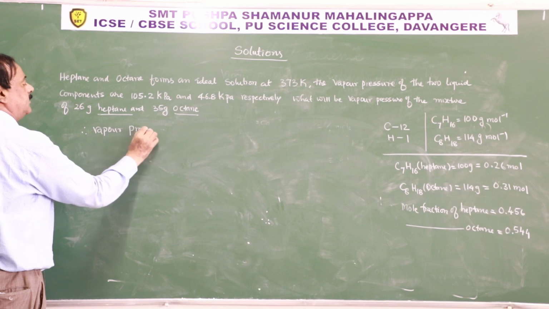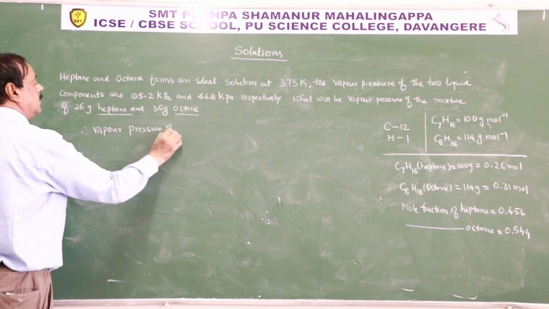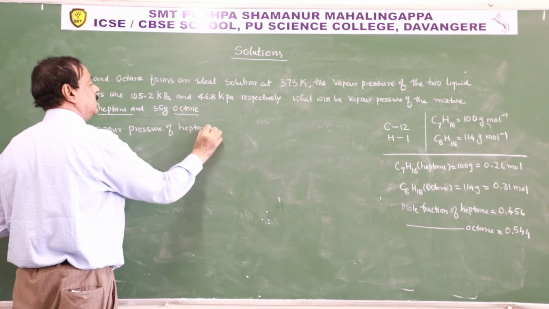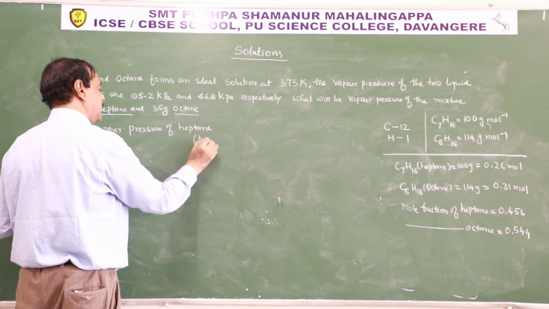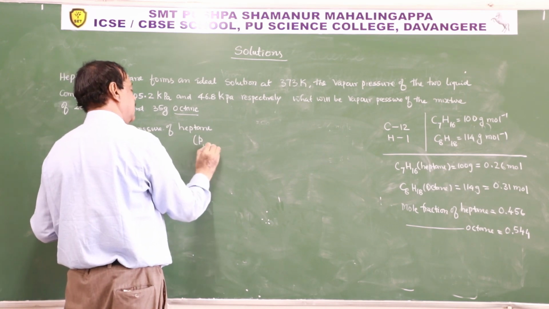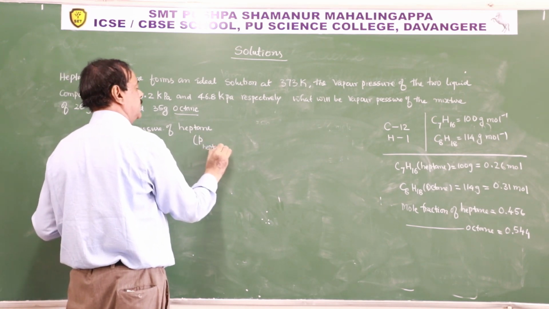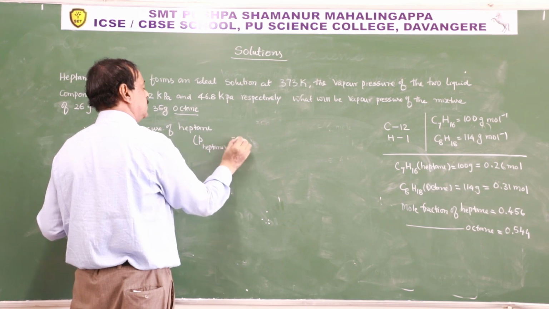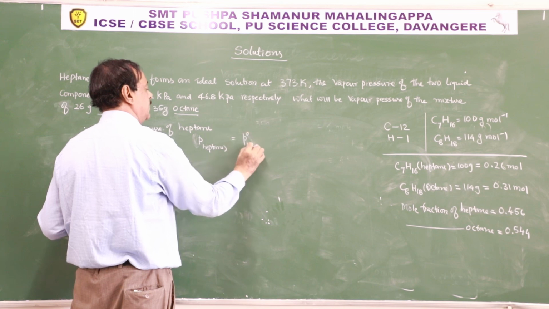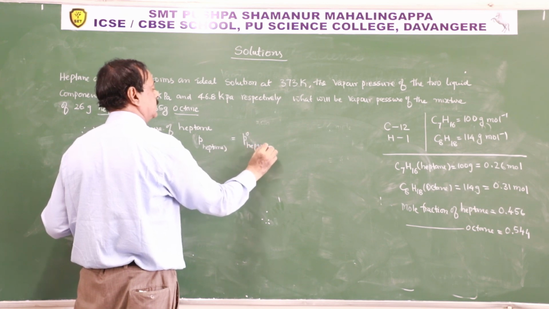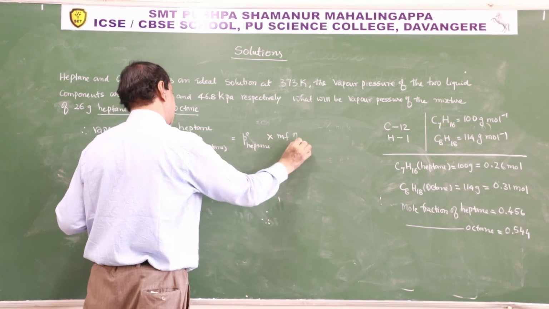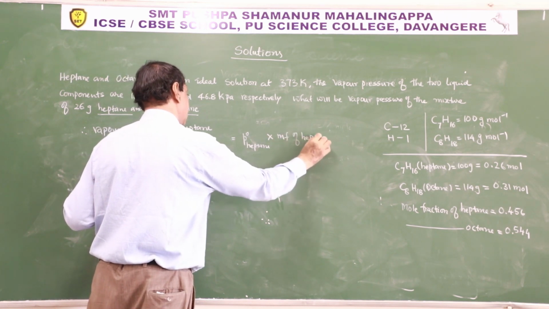Vapor pressure of heptane, P heptane, is given by P naught heptane into mole fraction of heptane.